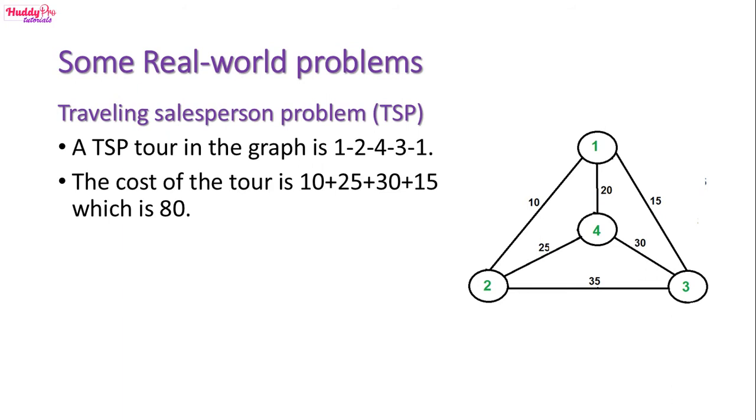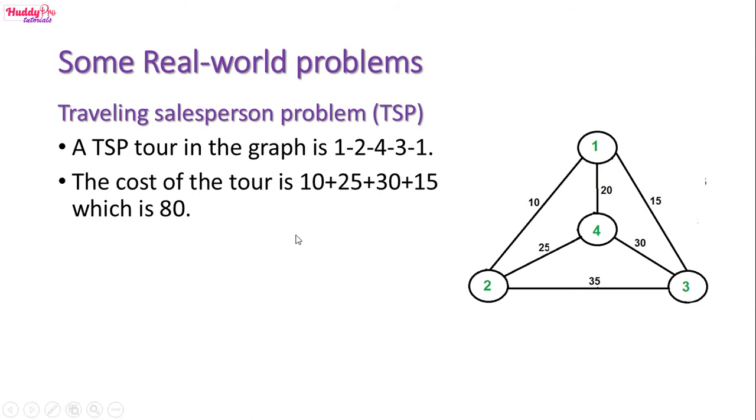For example, consider this graph shown in this figure. This is a graph, and these are what we call the nodes. 1, 2, 3, and 4 are the nodes. Now, this movement from 1 to 3 is what we call a link. And when you move from a starting point to the end point, through one or more links, that is what we call a path.